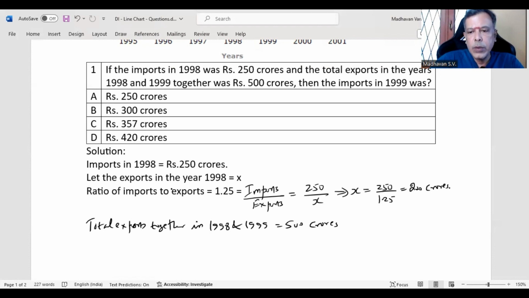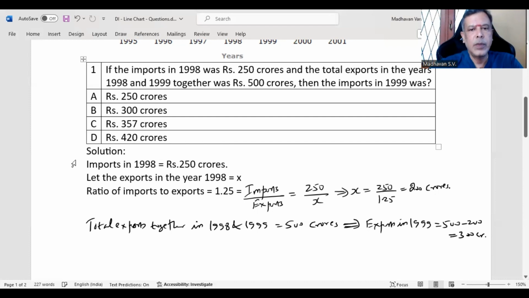And we already know the exports for the year 1998 is 200 crores. So this implies that exports in 1999 should be 500 minus 200, that is 300 crores.